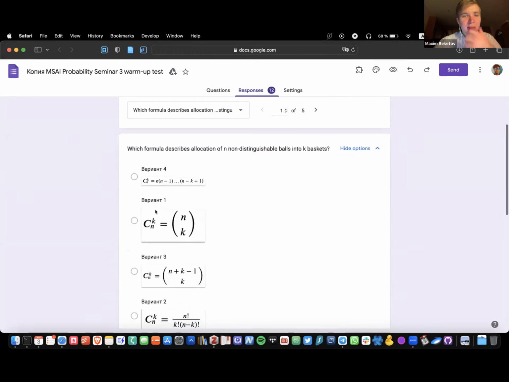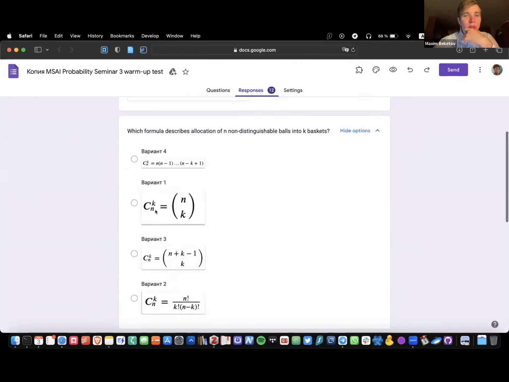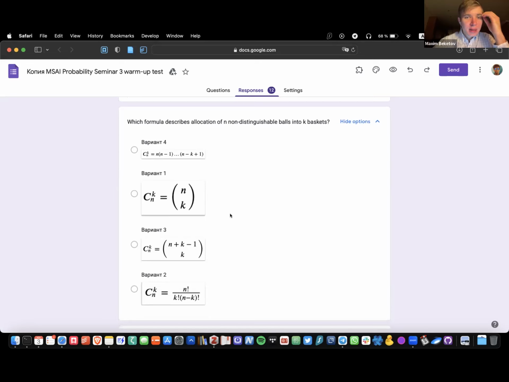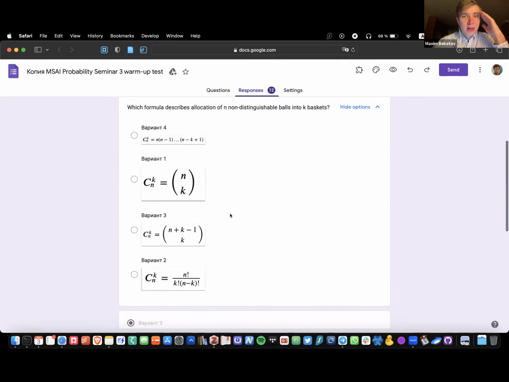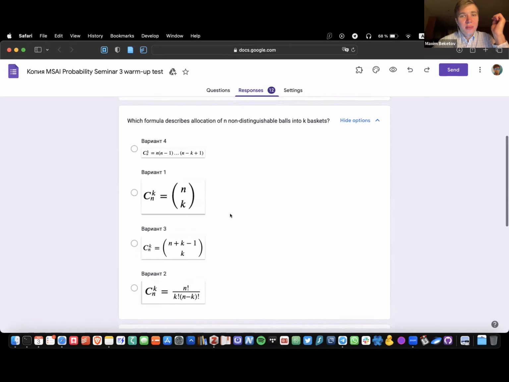Which formula describes allocation of n non-distinguishable balls into k baskets? So we have k baskets. They are different, and we have n balls.